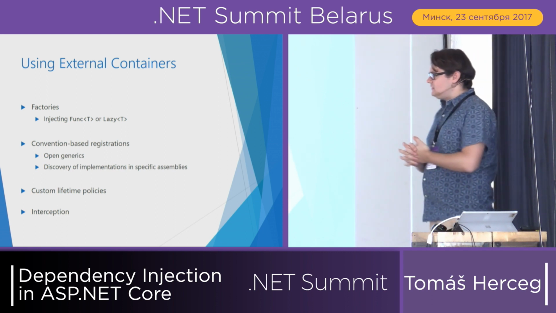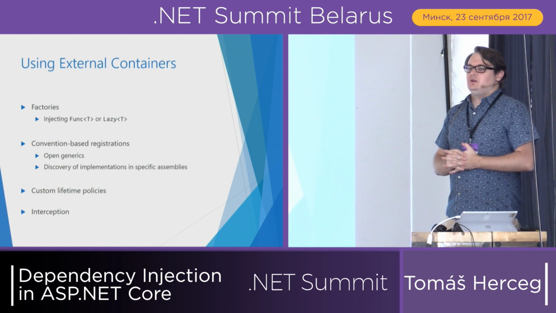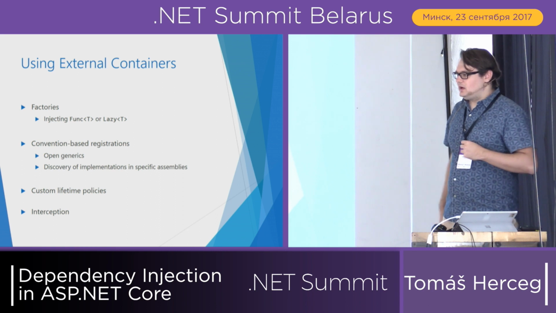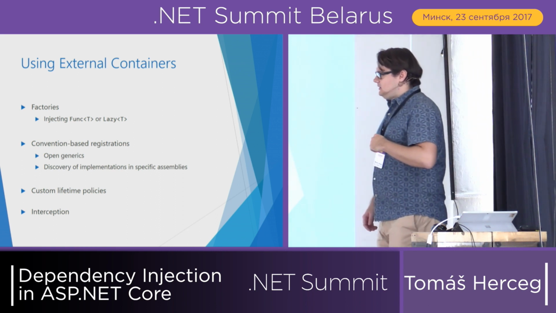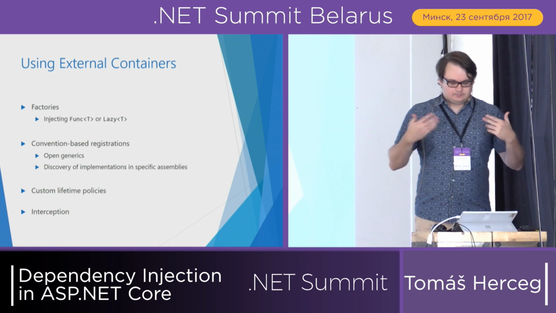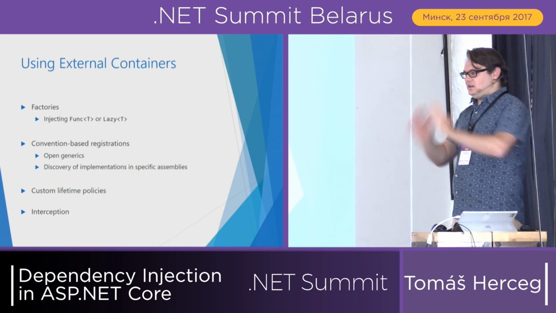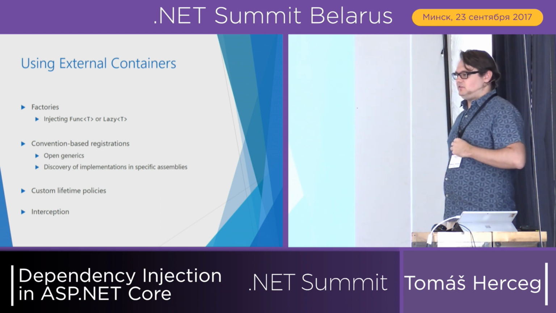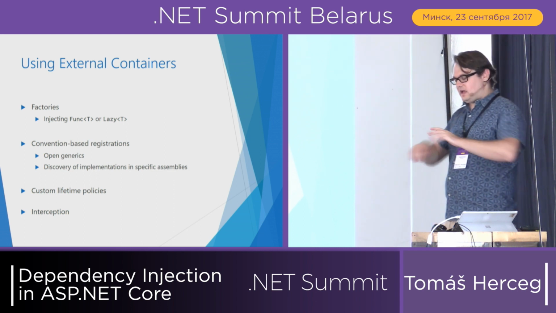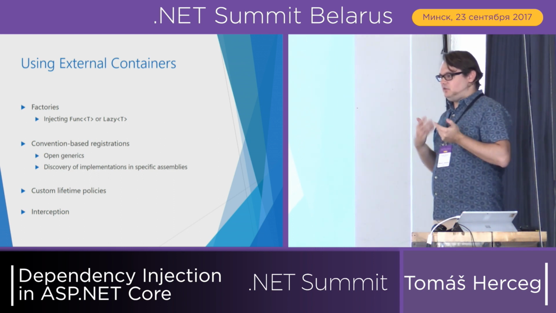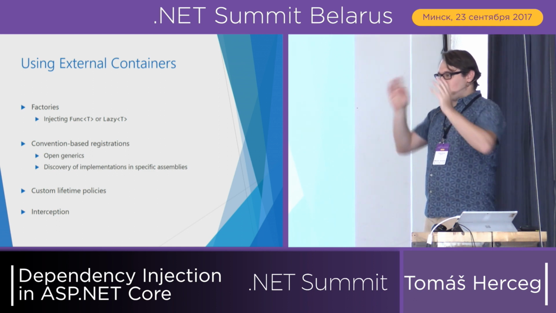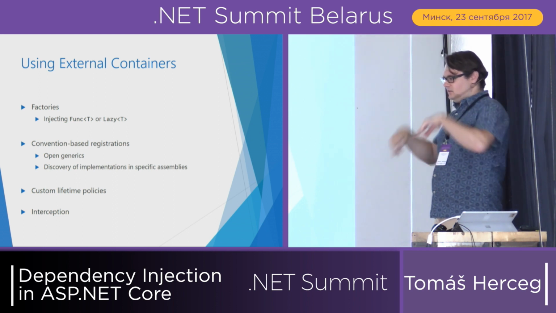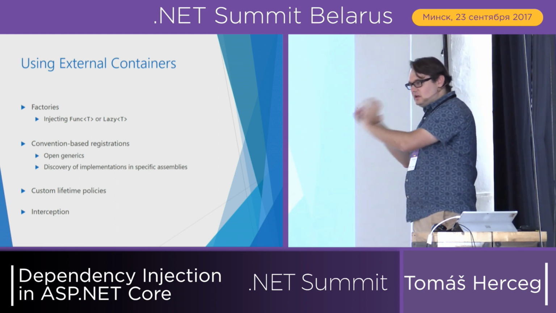And also the containers, for example, can do interception. Who has been using interception? Few people, okay. Interception is basically automatic generation of proxy classes. If you have an interface, and for example, you want to do exception handling on every method in the interface, the container can generate a proxy class which implements this interface, and it will do the exception handling, and in the try statement it will just call the real service.